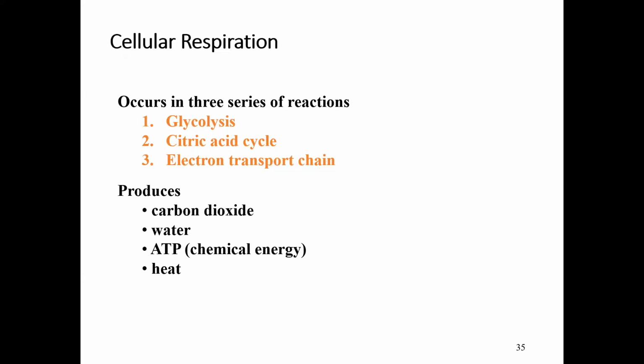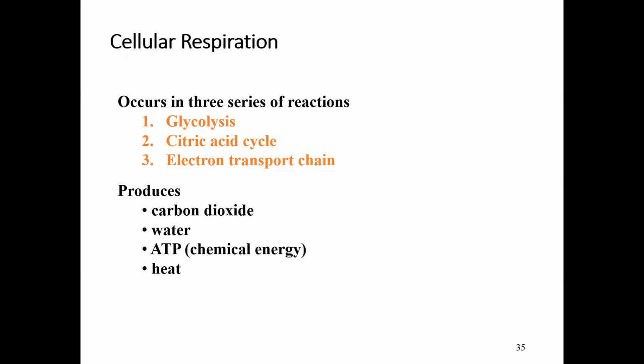The end result of cellular respiration is going to be the production of carbon dioxide, the CO2 that we breathe out all the time. That CO2 is coming from the mitochondria of the cells, and only the mitochondria, nowhere else.